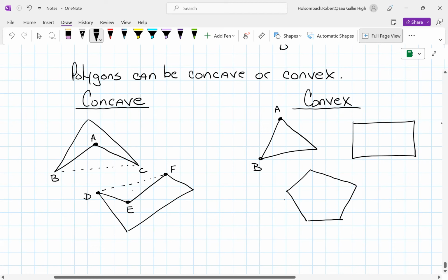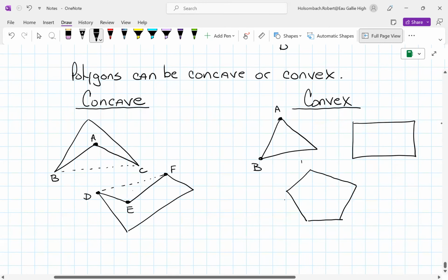Does it change what? No. You're going to be asked in the practice today and possibly on your quiz on Friday to classify polygons as concave or convex. And that's all you have to be able to do, is to tell the difference in the two based on the shape itself.